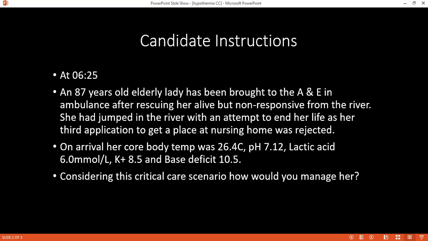I will correct the metabolic acidosis by intravenous bicarbonate, and also correct hyperkalemia by giving intravenous calcium gluconate 10%, which is cardioprotective.